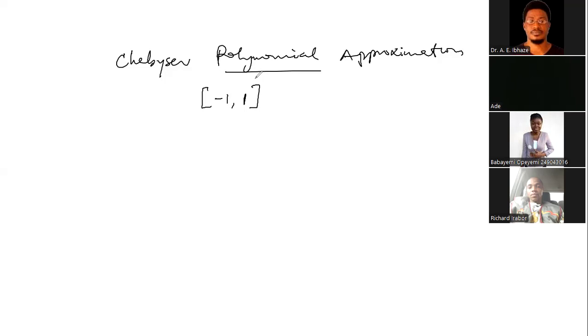Okay, so what we're trying to say here is that the Chebyshev polynomial literally minimizes the maximum error. So this is to minimize the maximum error. And that's why we usually refer to this as the maximum norm.